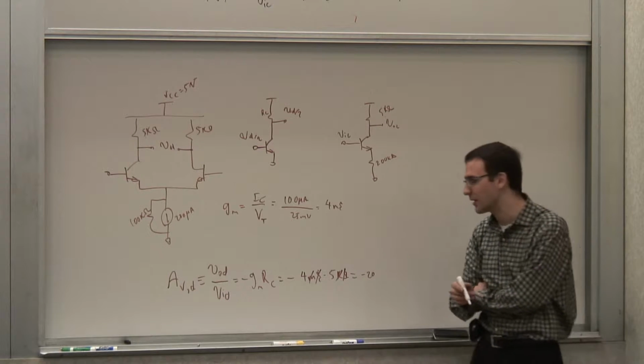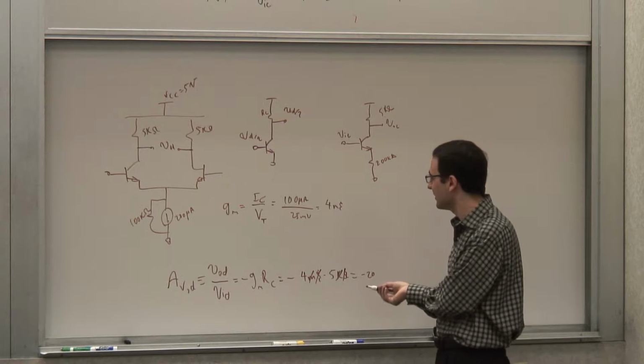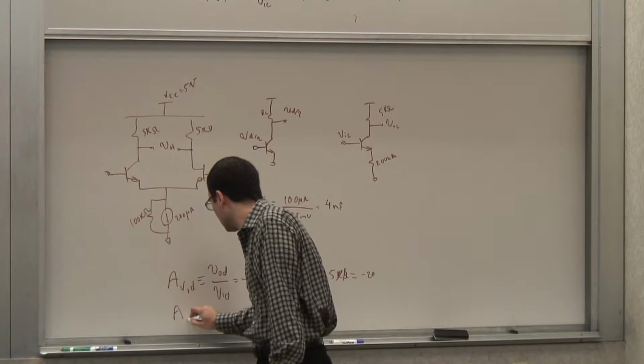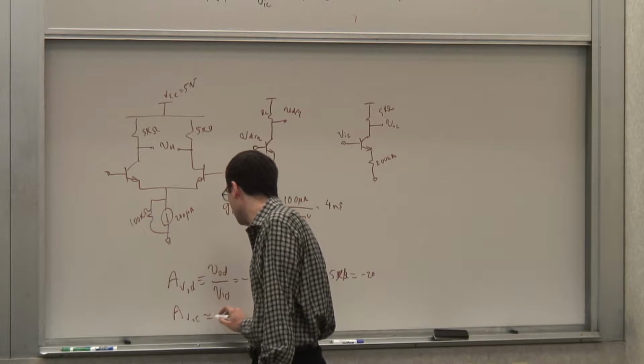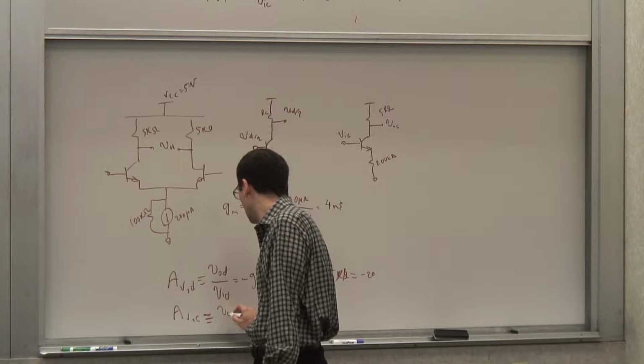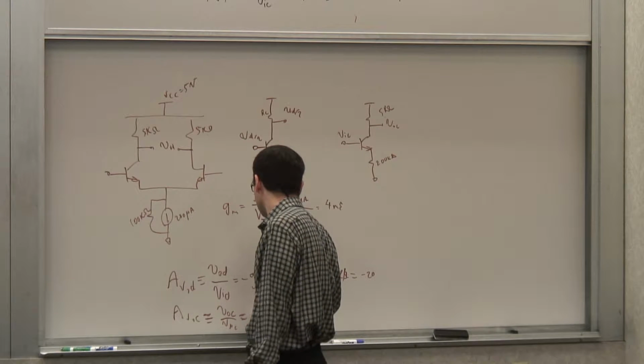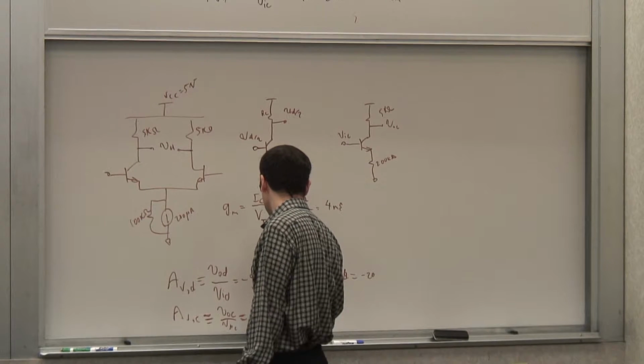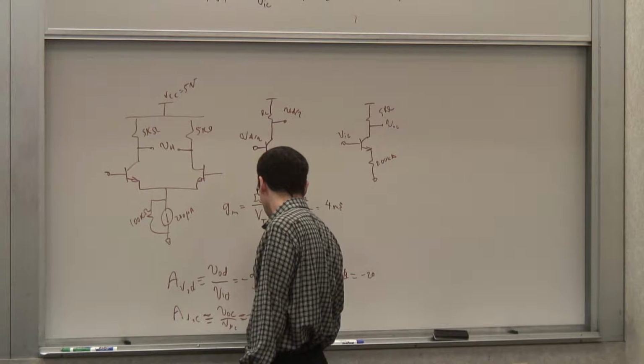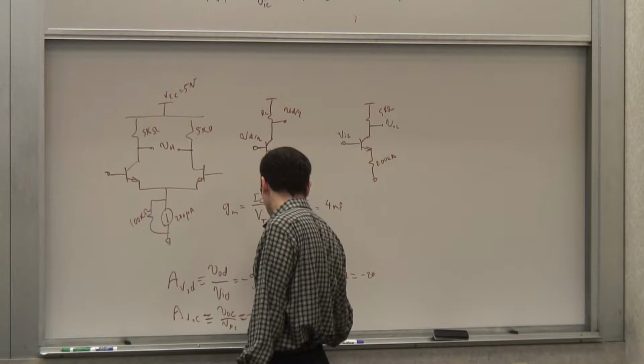But anyway, ballpark, A common mode, which by definition is VOC divided by VIC, is approximately minus RC over 2REE, which is basically 1/40.